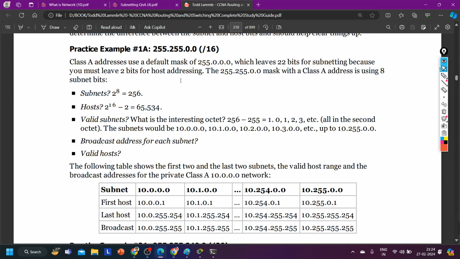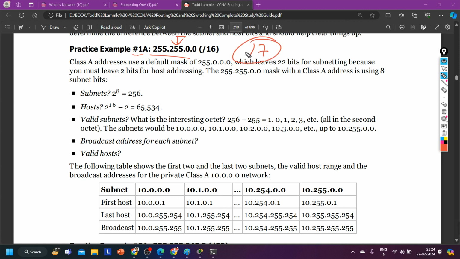It's easy now. You just need to solve 2 to 3 questions with slash 16 of class A IP addresses. See, if you are doing subnetting for class B, the scenario will be different, because the main thing is the main octet. For class A, the main octet is the second octet.